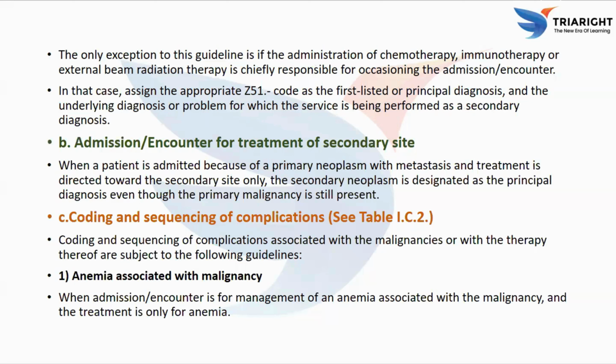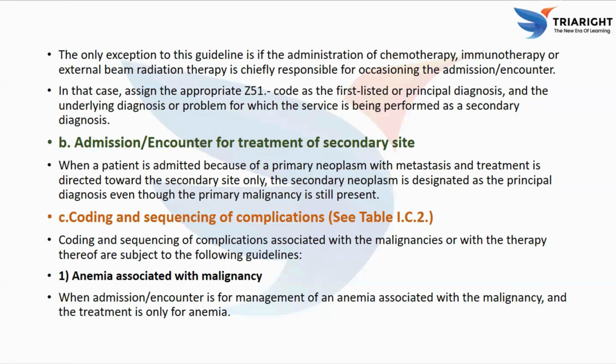You have to code the chemotherapy, immunotherapy, or radiotherapy codes first. So Z51 is the first listed or principal diagnosis, and the malignancy C code is assigned as a secondary diagnosis.